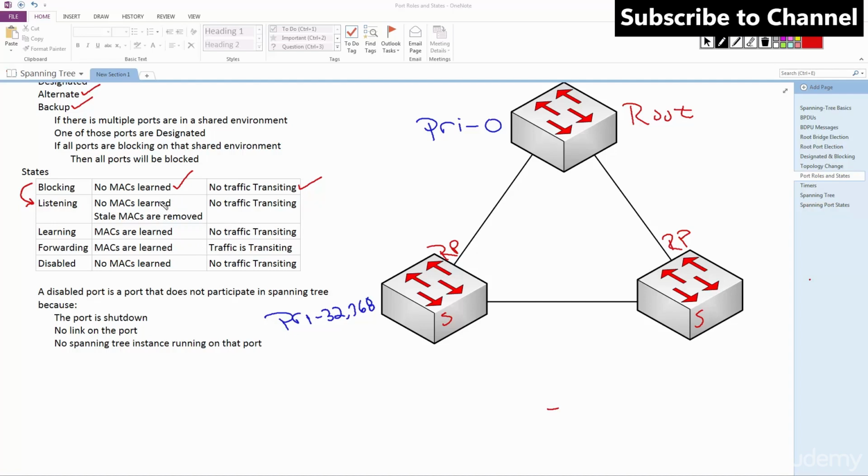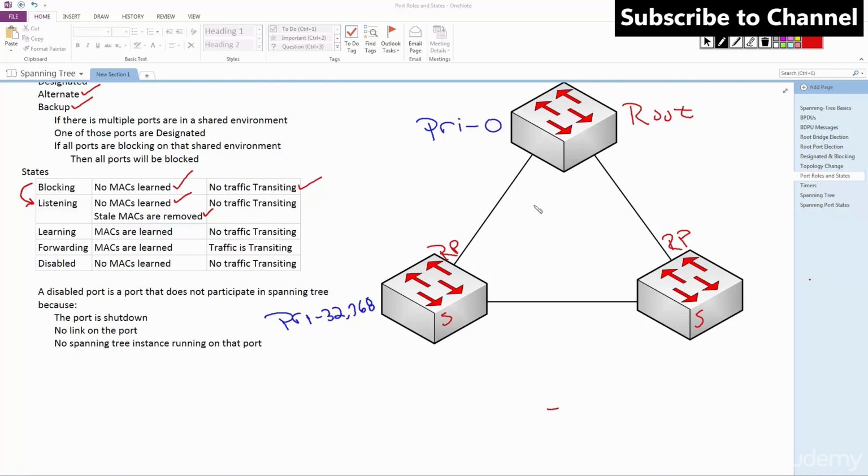During this stage, still no MAC addresses are being learned. And any stale MAC addresses are removed. The reason I mention this is because those stale MAC addresses can temporarily allow loops. So at that point, we want to get any MAC addresses that might be sitting on that port gone. Erase them. Get them out of there. Force them off that port.